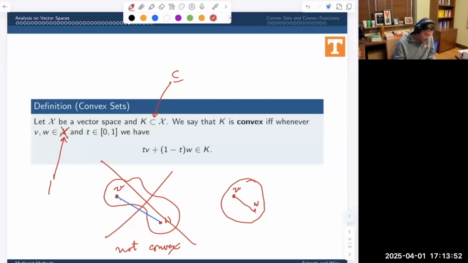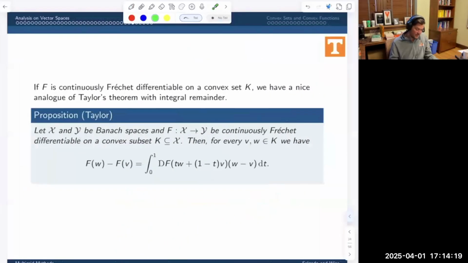Not for all V and W in X, but in K. All right, so whenever V and W are in K and T is some number between 0 and 1, then that interpolation between the two points always has to be in K. And if that happens, we say that the set is convex. So this guy clearly is not, definitely not, and this guy is convex.